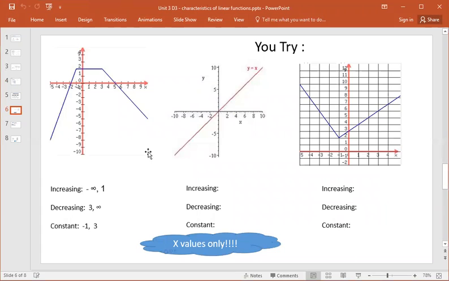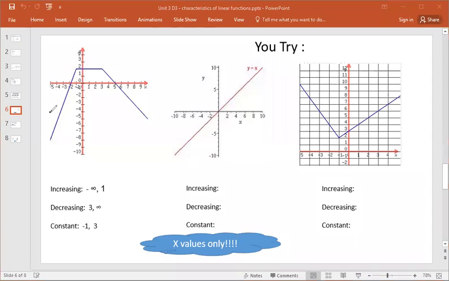But when we look at this picture here on the left, we notice that things change. We have some pieces here. It's not just one straight line, it's multiple straight lines, and we need to deal with each piece separately. When we look for the increase, we are looking for where this line has a positive slope.